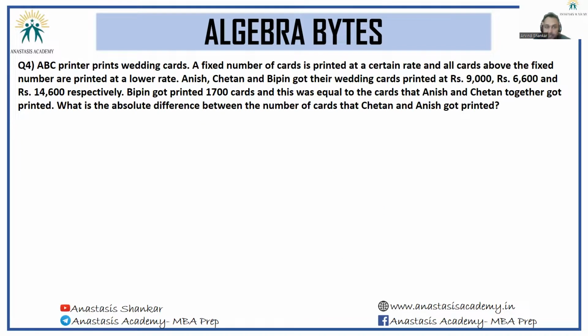Okay, ABC printer prints wedding cards. A fixed number of cards is printed at a certain rate, and all cards above the fixed number are printed at a lower rate. Anish and Chetan and Bipin got their wedding cards printed at 9,000, 6,600 and 14,600 respectively.